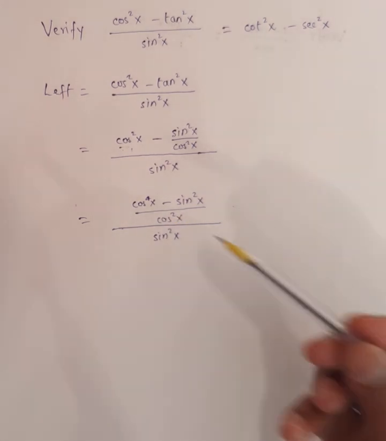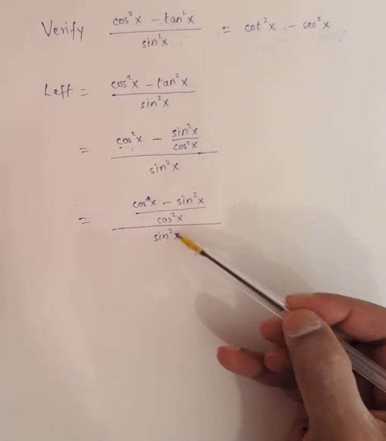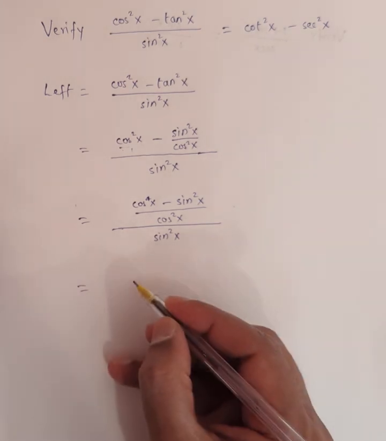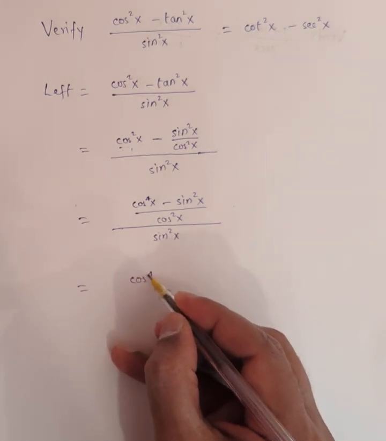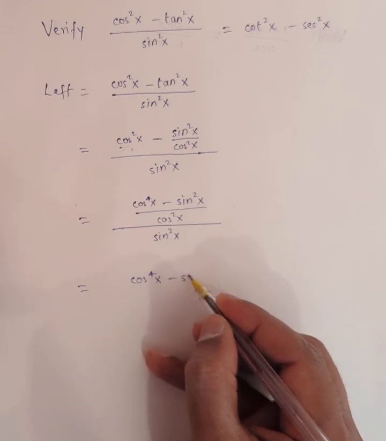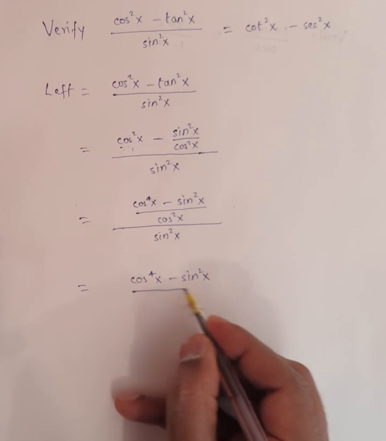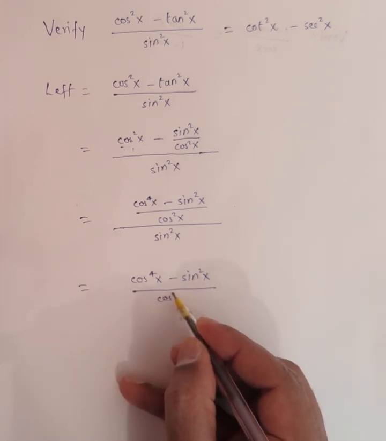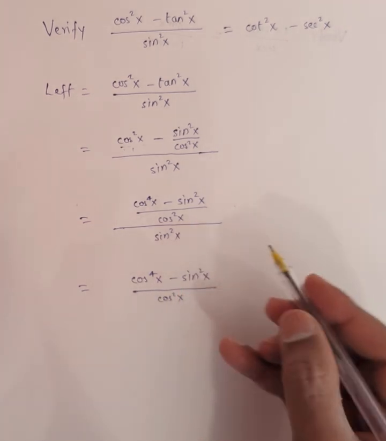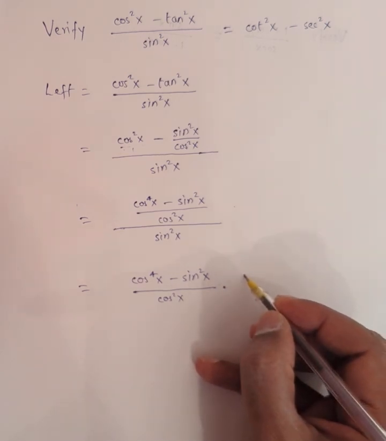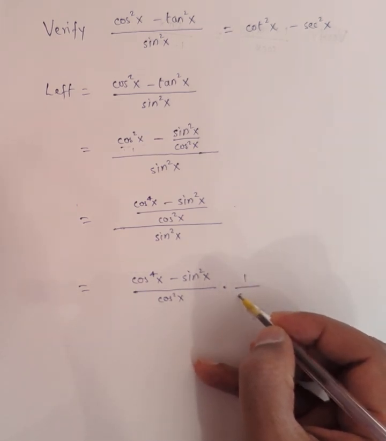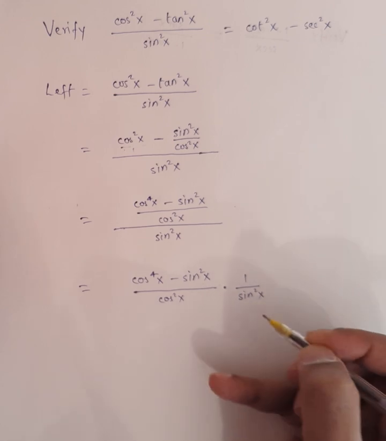So notice I have to divide this fraction by sine square x. Now that is same as copying the numerator, which is cos to the 4x minus sine square x over cos square x. And if you want to divide by sine square x, that's same as multiplying by its reciprocal, which is times 1 over sine square x.